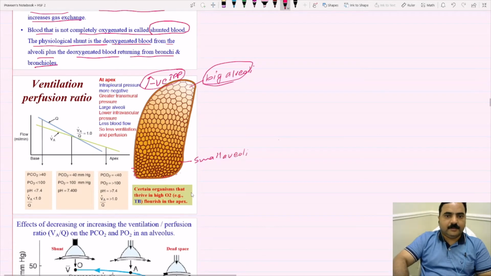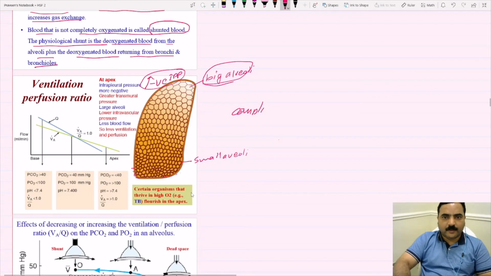Because of the big alveoli, the blood vessels are constricted over here. The blood vessels that we have discussed before have a risk of becoming zone 1 because of the bigger alveoli. Now what happens to the compliance?